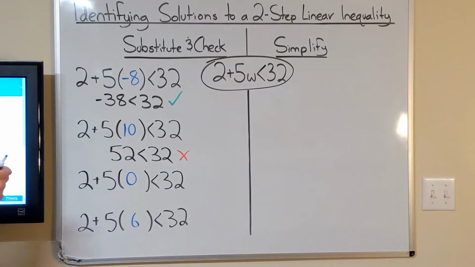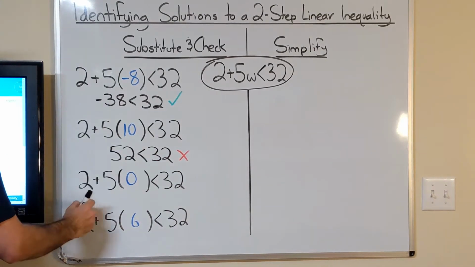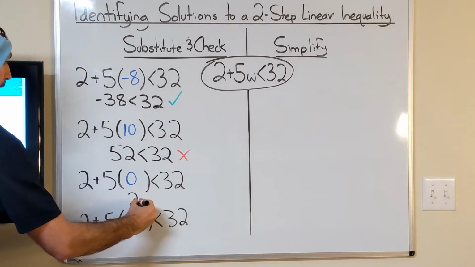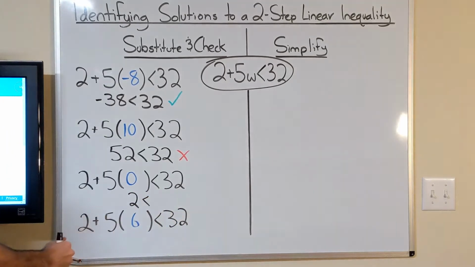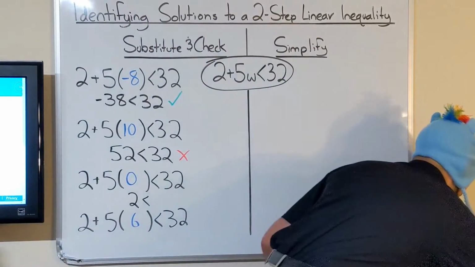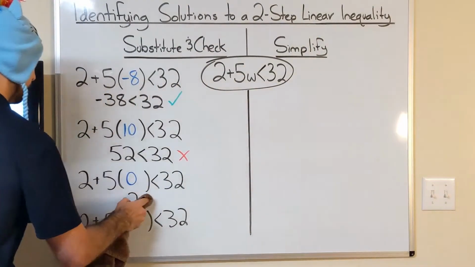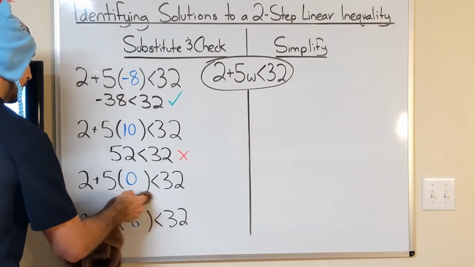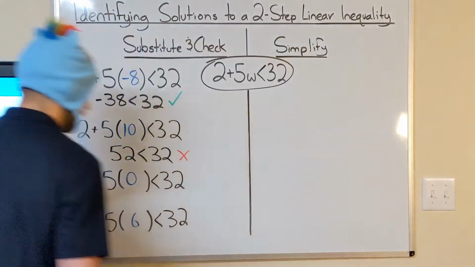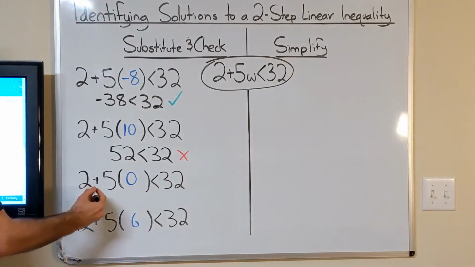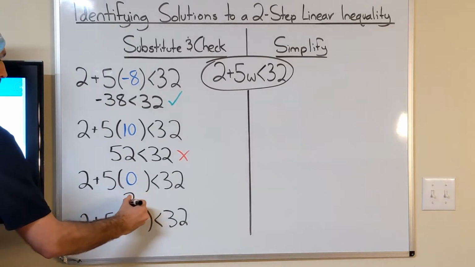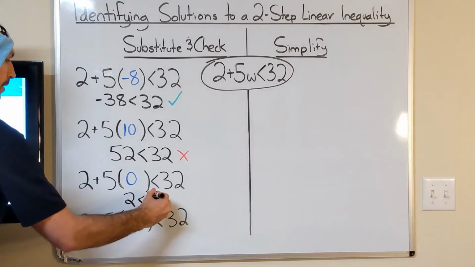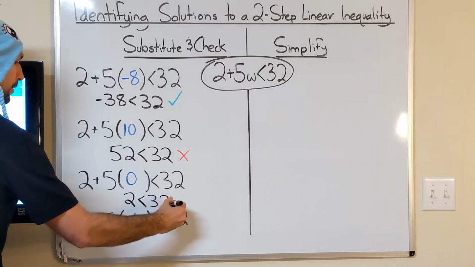Next, 5 times 0 is 0, plus 2 is going to be 2, and 2 is certainly less than 32.